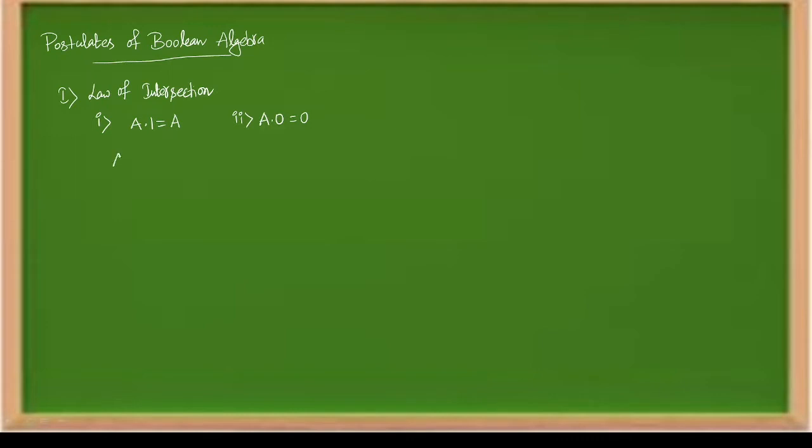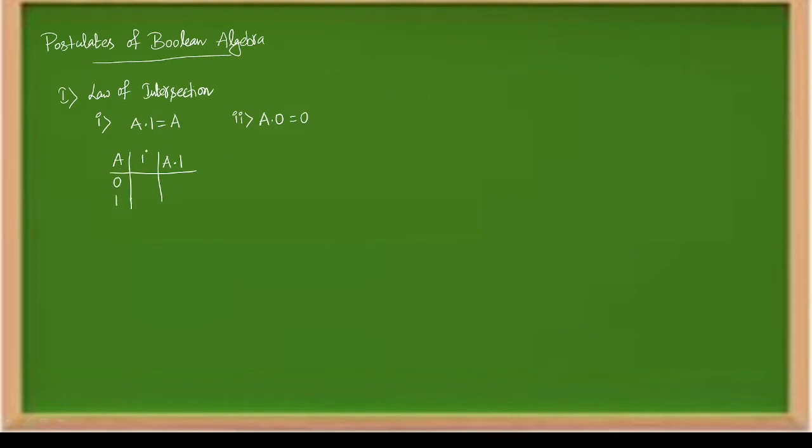Now let me prove it by taking a tabular column. I have two terms here, one is A and another one is 1. Let me show you the value of A and 1. If I have only one variable, the possible values are 0 and 1.